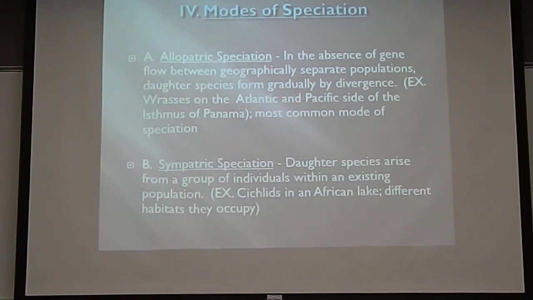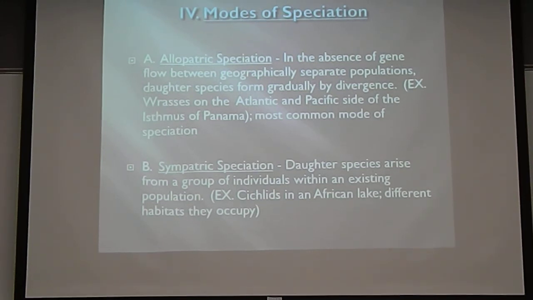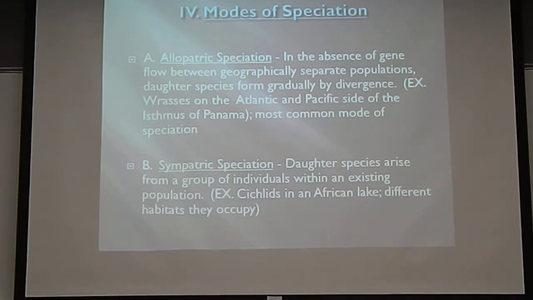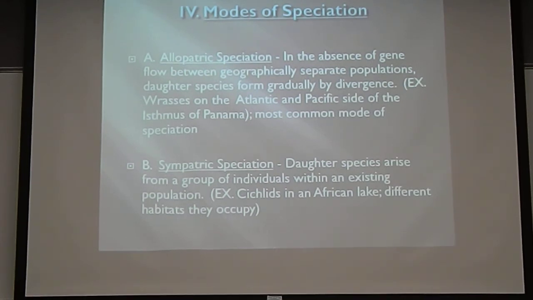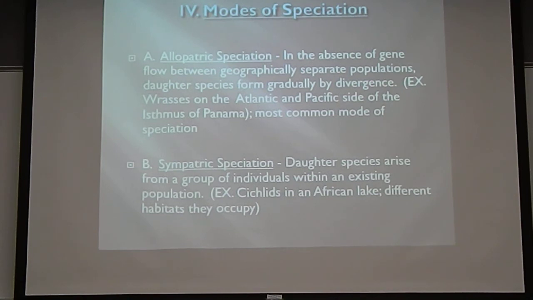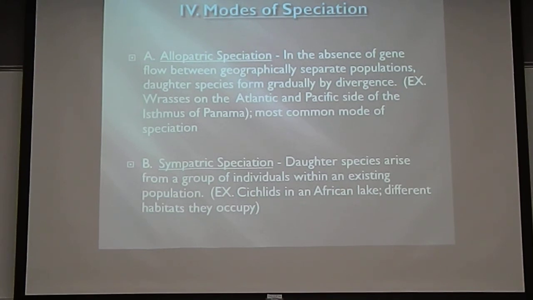Sympatric speciation is where daughter species arise from a group of individuals within an existing population. So this is where, over long periods of time as well, individuals in the same area just separate themselves into groups and do not interact with any other individuals from that population.